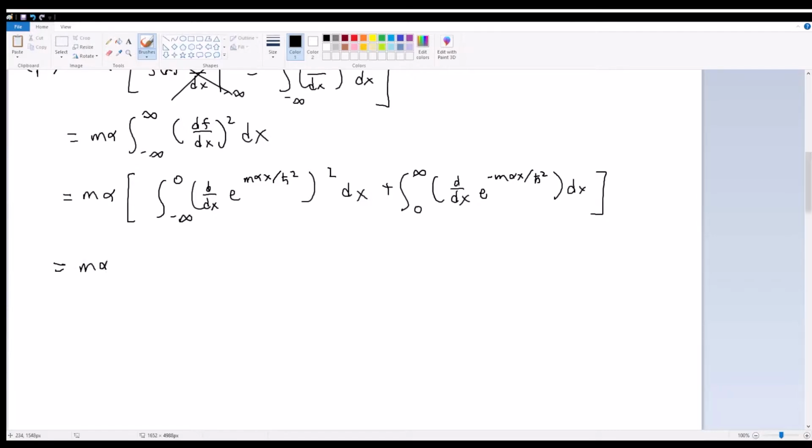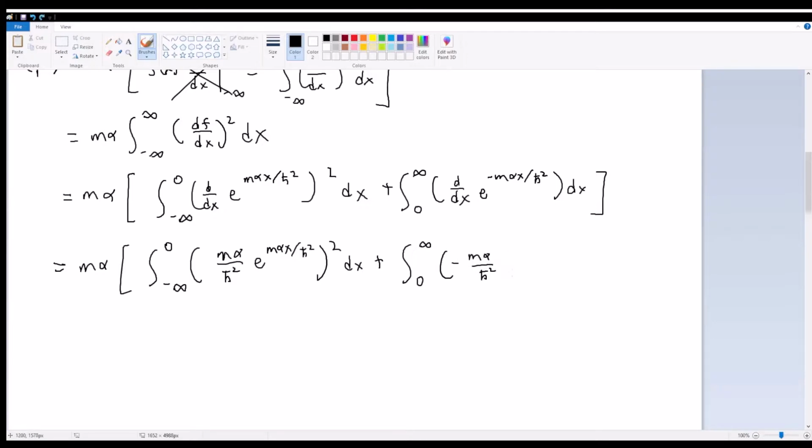So we have m alpha, and then we have our integral from negative infinity to 0 of m alpha divided by h bar squared times e to the m alpha x divided by h bar squared dx, plus the integral from 0 to infinity of negative m alpha over h bar squared times e to the negative m alpha x divided by h bar squared dx. Close off the brackets.